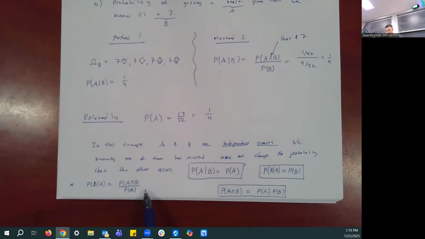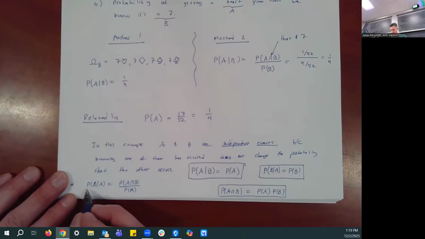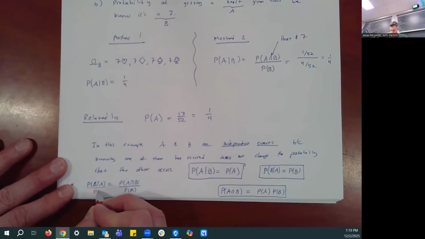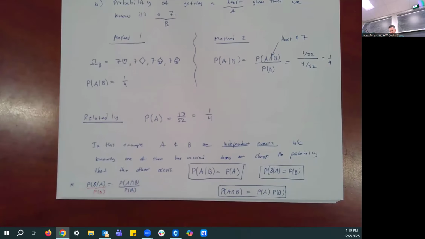So this is your usual conditional probability formula, but if the events are independent, you can replace the probability of B given A with just the probability of B. And then you can see how you can get that one, or that one, or that one.